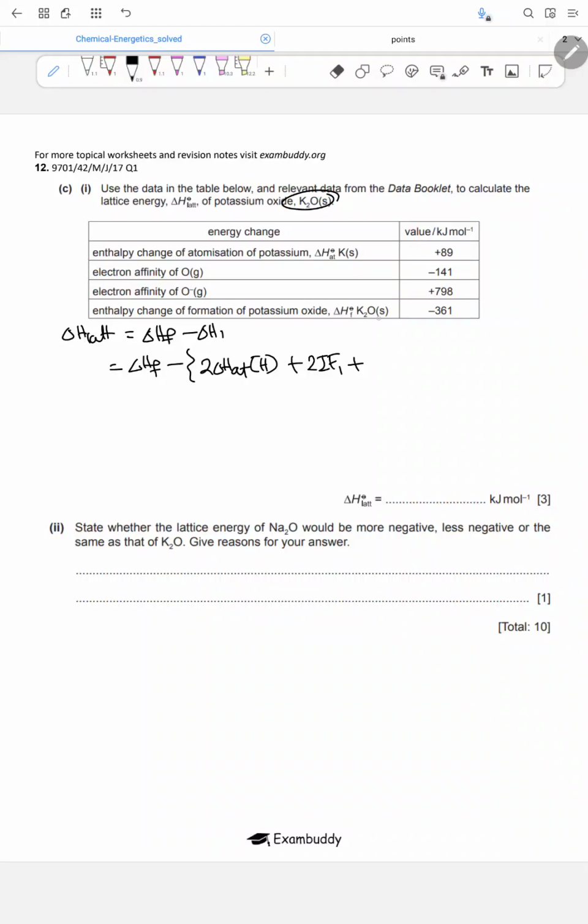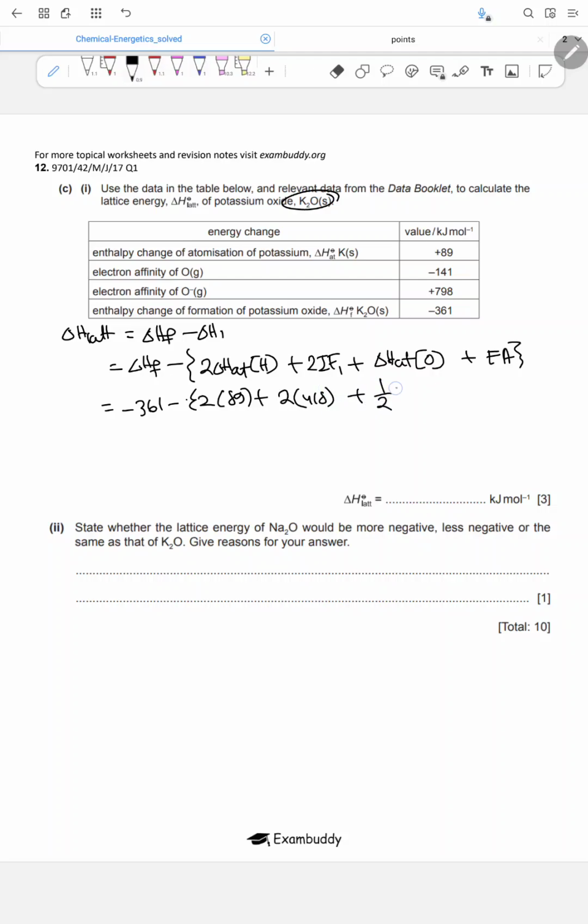Then we'll have atomization of oxygen. Then we'll have electron affinity. Formation 361, 2 atomization, 2 ionization. What was the ionization energy of K? It's 418.